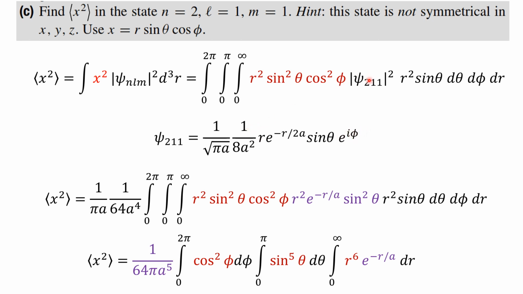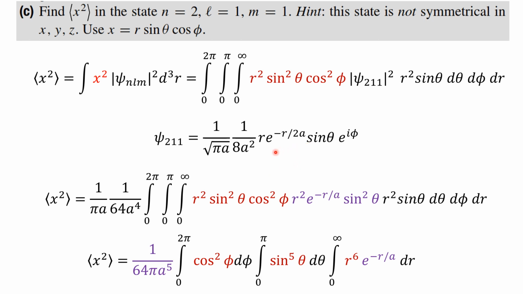Now you apply this square. If you apply this, already you have r squared sine squared theta cos squared phi, and this, if you square it, you take the outside, take the square outside, because it's a constant. 1 over pi a, and 8 squared is 64, and a squared squared is a power 4.